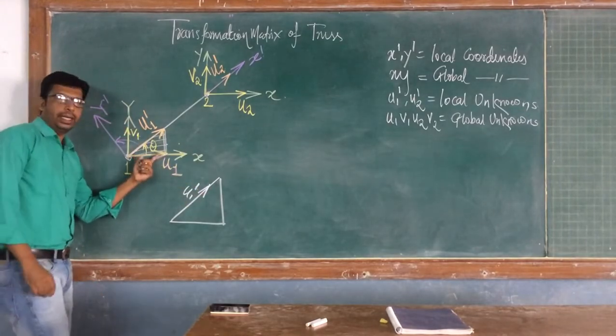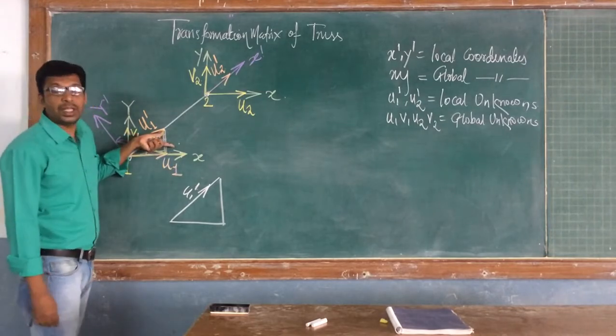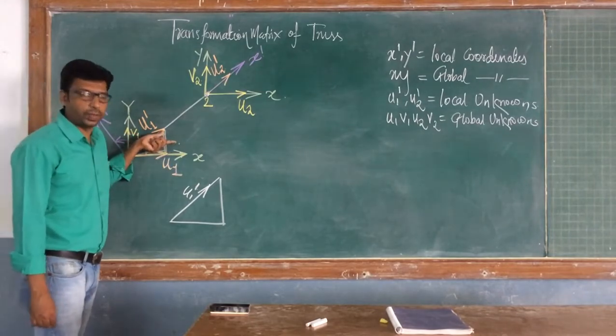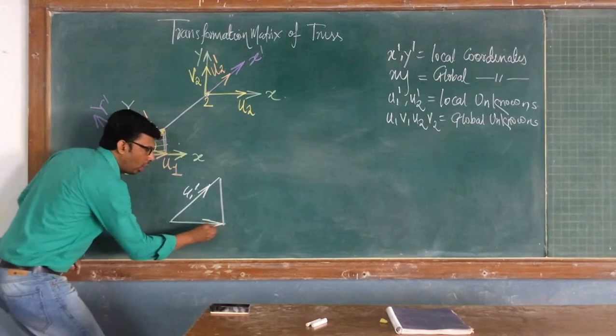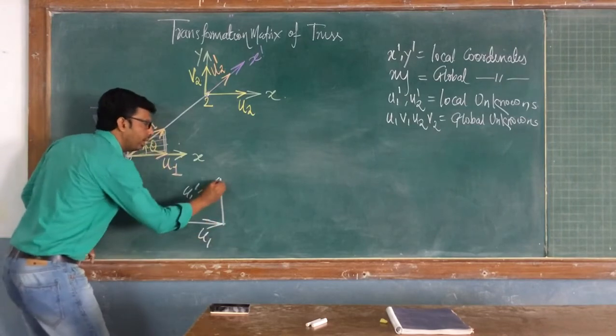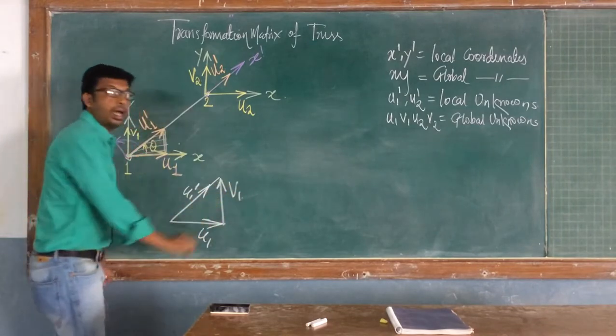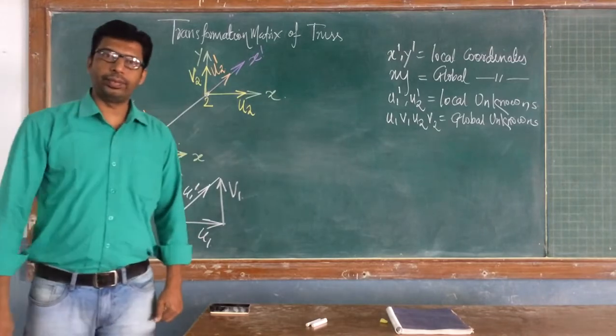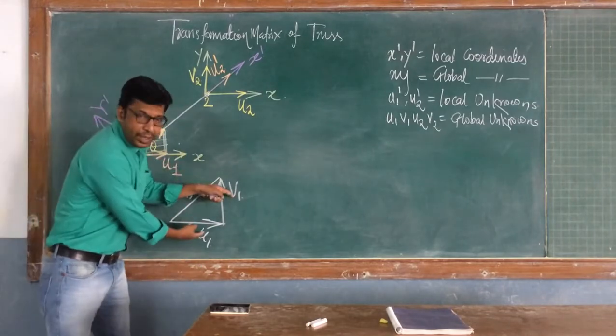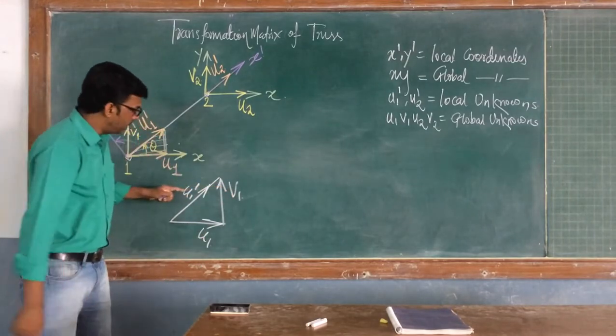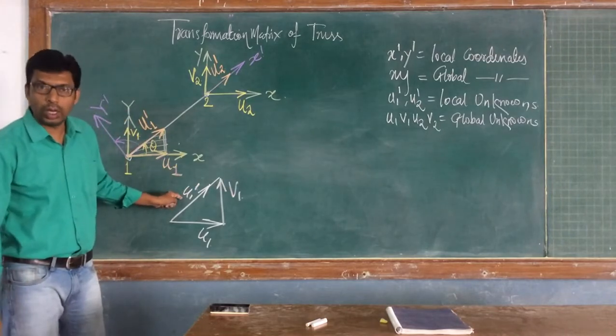This horizontal and vertical displacement represent the global displacements. Horizontal is u1 and vertical is v1. So these two edges represent the global unknowns. This inclined edge represents the local unknown.